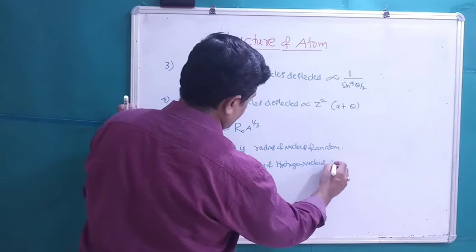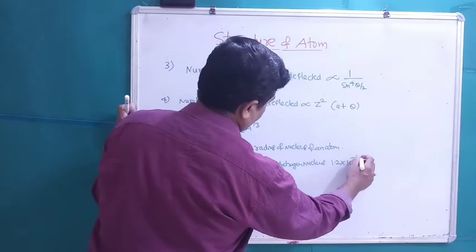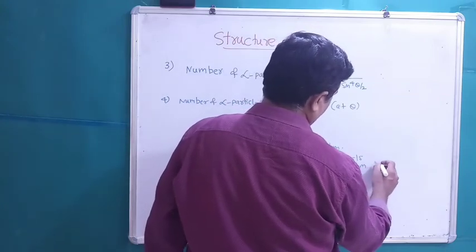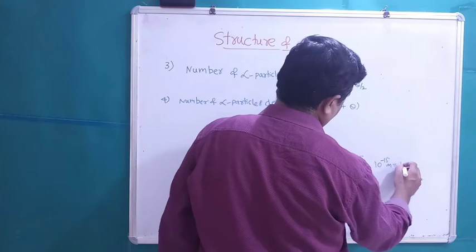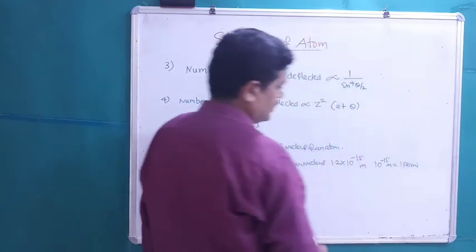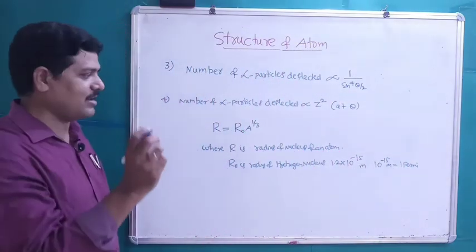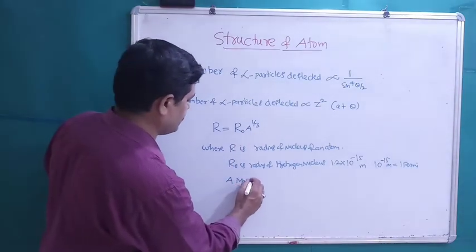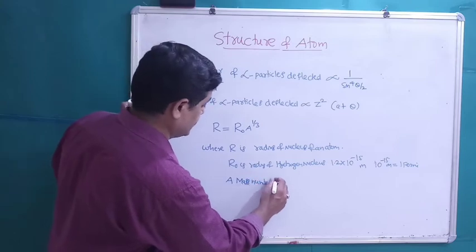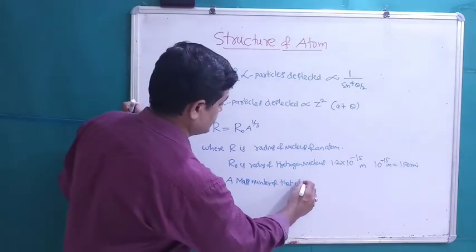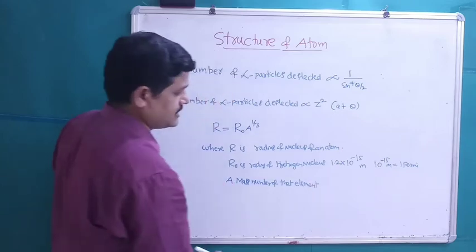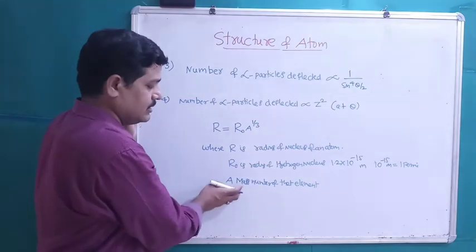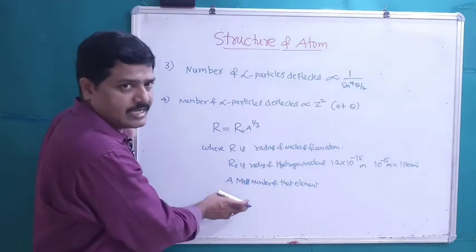Generally we take this value as 1.2 into 10 power minus 15 meters. 10 power minus 15 meters is equal to 1 Fermi, which is used for very small distances. A is the mass number of that element for which we want to calculate the radius of the nucleus of that atom.